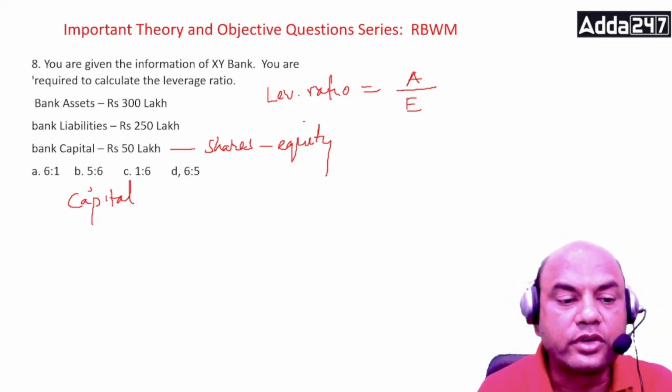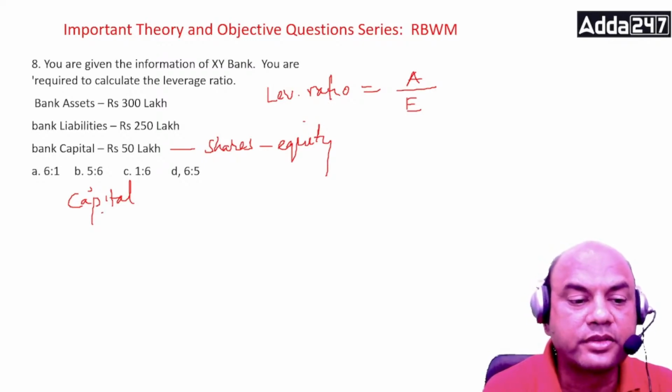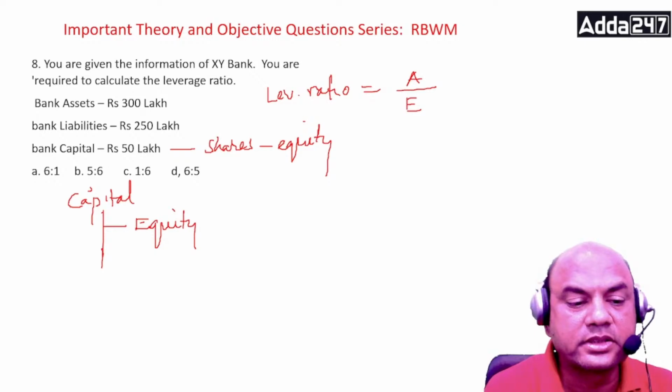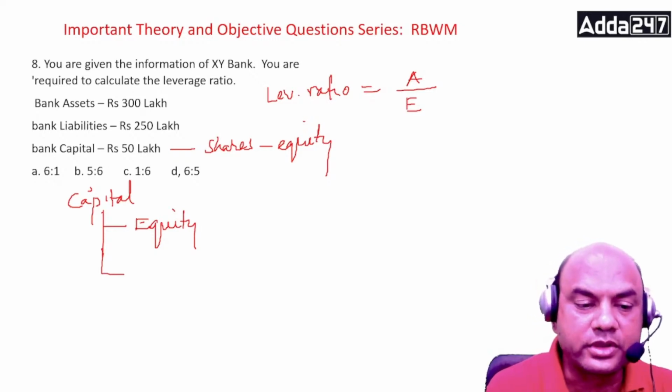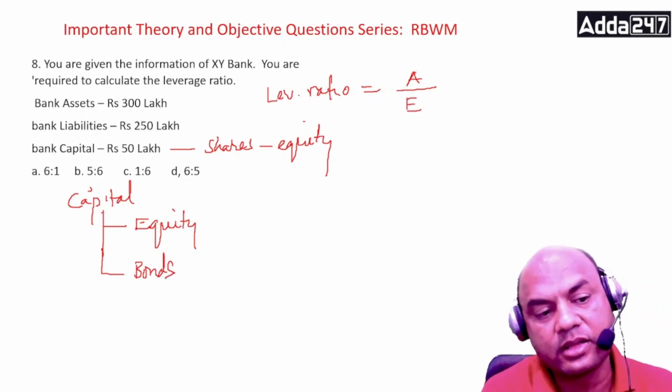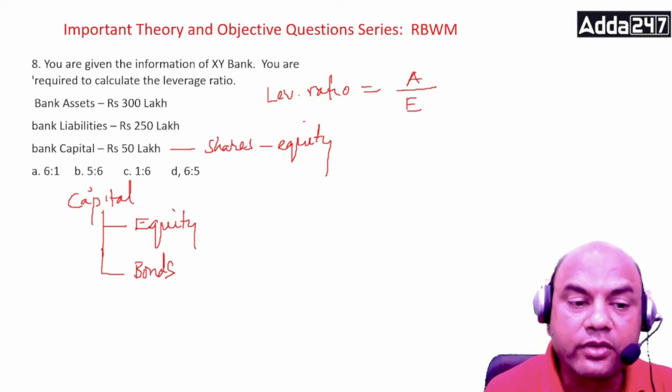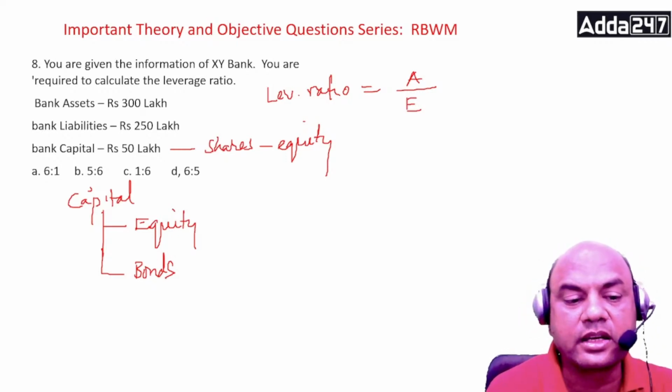One is equity, which is tier 1, we call it T1, and the second one is T2, that is bonds. So they should have given the classification in the question about how much is equity and how much is bonds. But if they have not, then consider it completely as equity only.